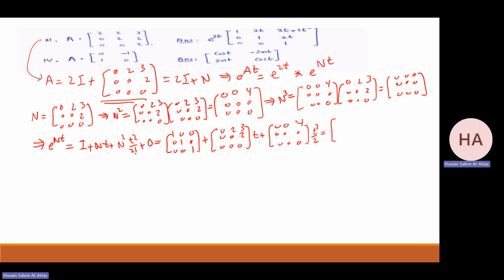That gives me 1, 2t, 3t plus 4 over 2, which is 2t squared. Then 0, 1, 2t, then 0, 0, 1. What will be e to the power At? It will be e^2t times e to the power Nt, that is e^2t times this matrix.